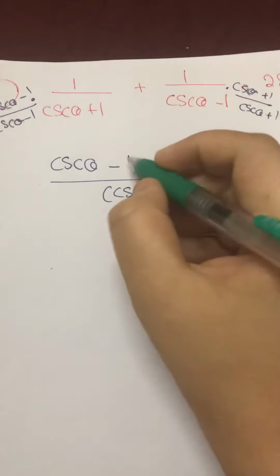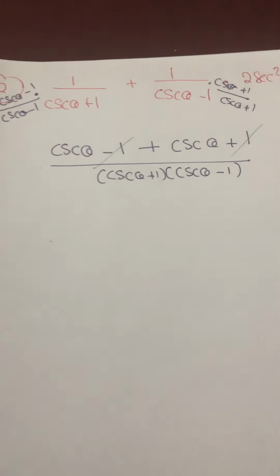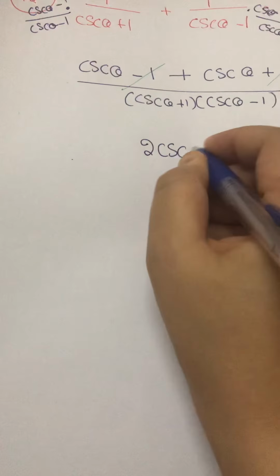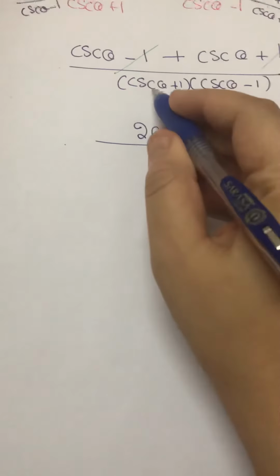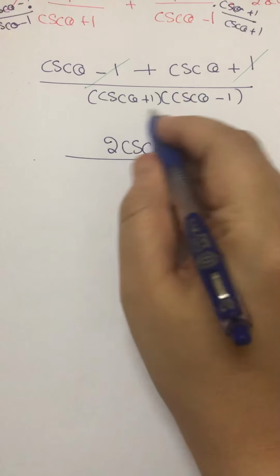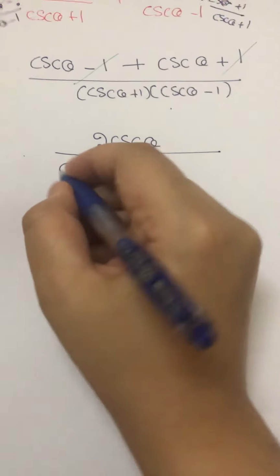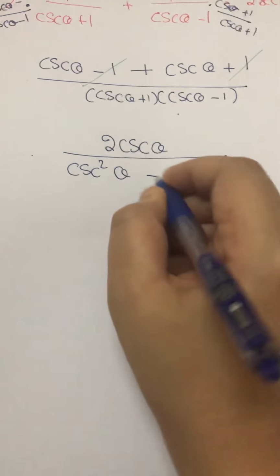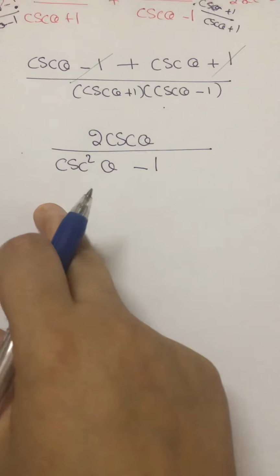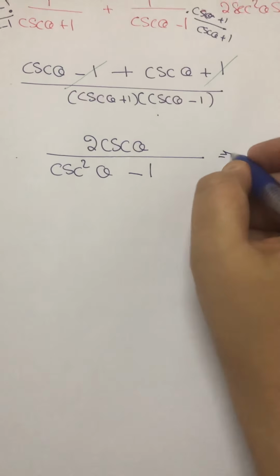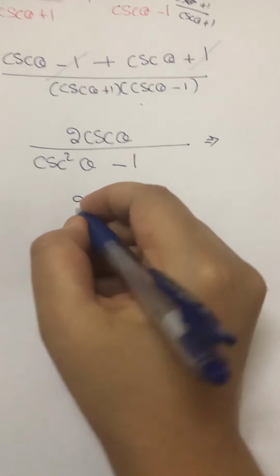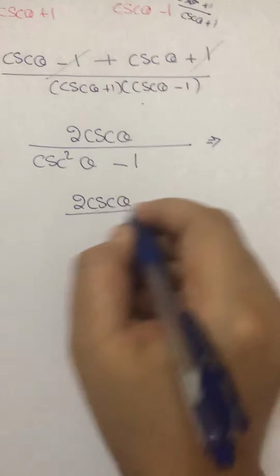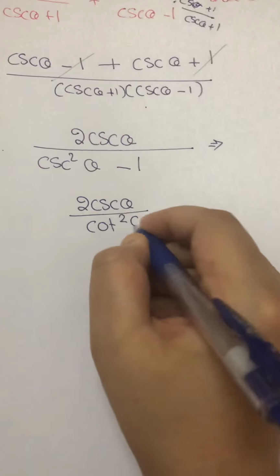Okay, I'm seeing here a cancelling, and cosec theta plus cosec theta is 2 cosec theta, 2 oranges. Here it's difference of squares, so first with first, last with last, and I'm seeing a Pythagorean identity. Cosec squared theta minus 1 is cotan squared theta. So now I reached 2 cosec theta over cotan squared theta.